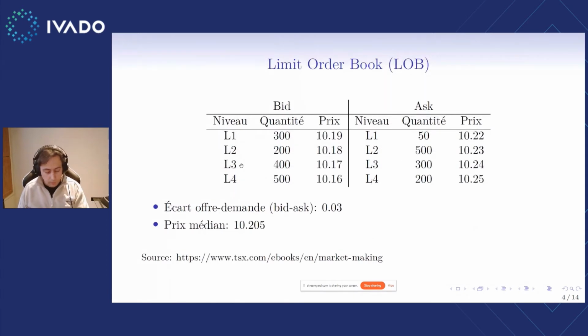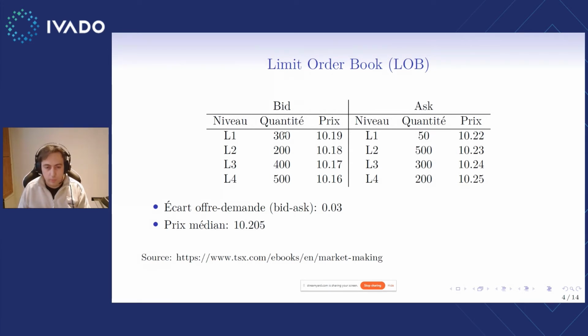Just in case you are not too familiar with the limit order book, this is a very small example taken from TSX. You have the bid and the ask, and the different levels of the limit order book. Level 1 for the bid is the highest price, and for the ask is the lowest price.